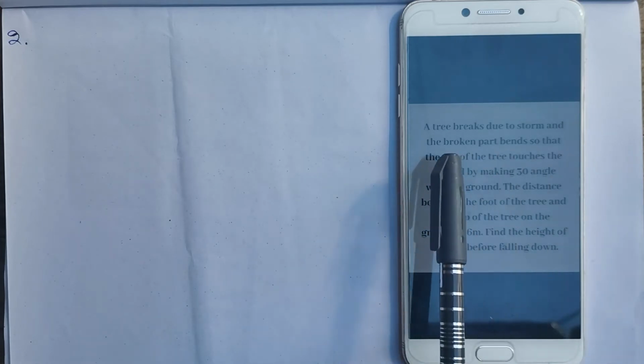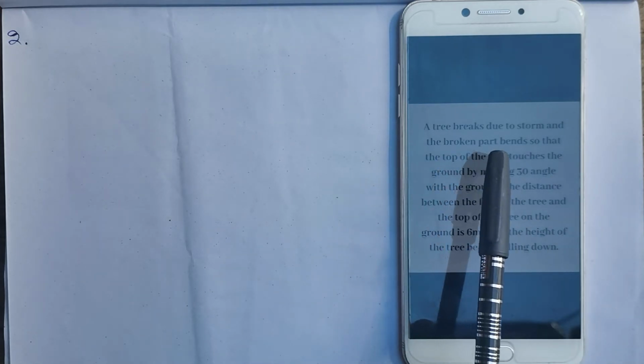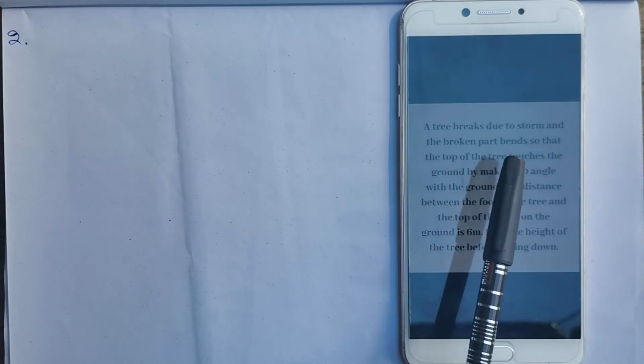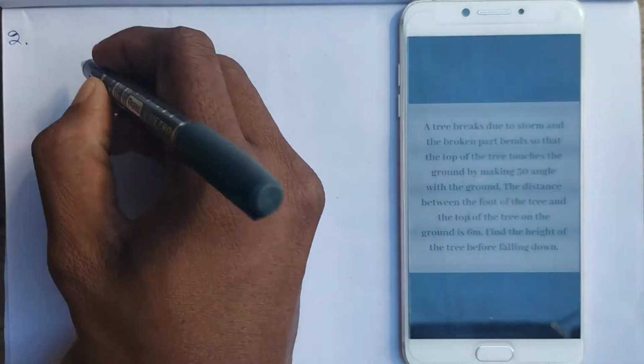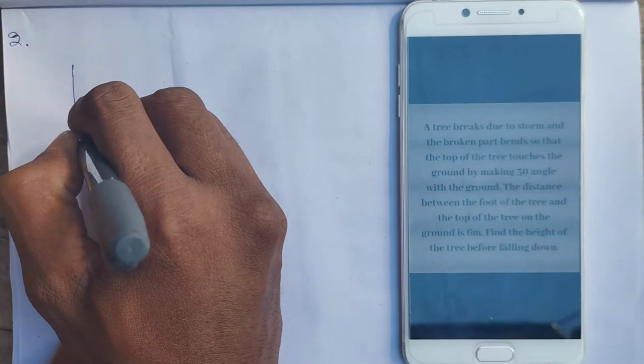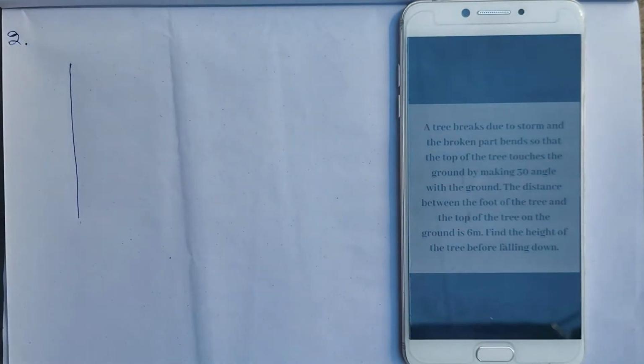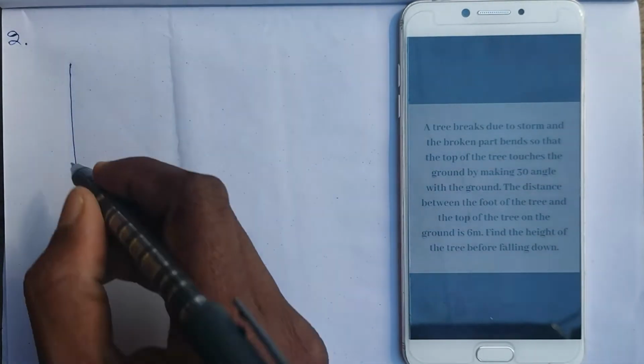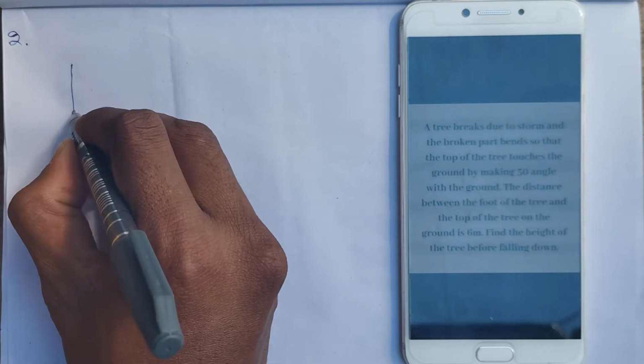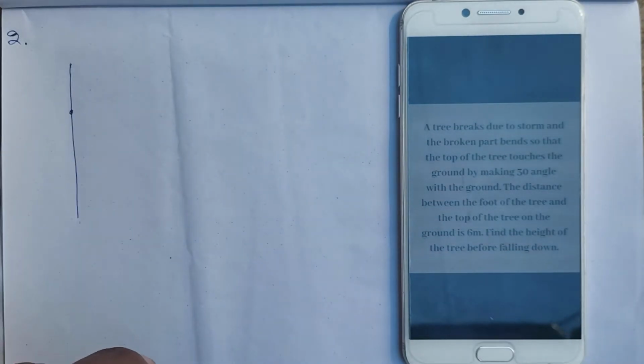The second question is, a tree breaks due to a storm and the broken part bends. So first we have a tree like this. Somewhere from the middle of the tree, it is going to bend.